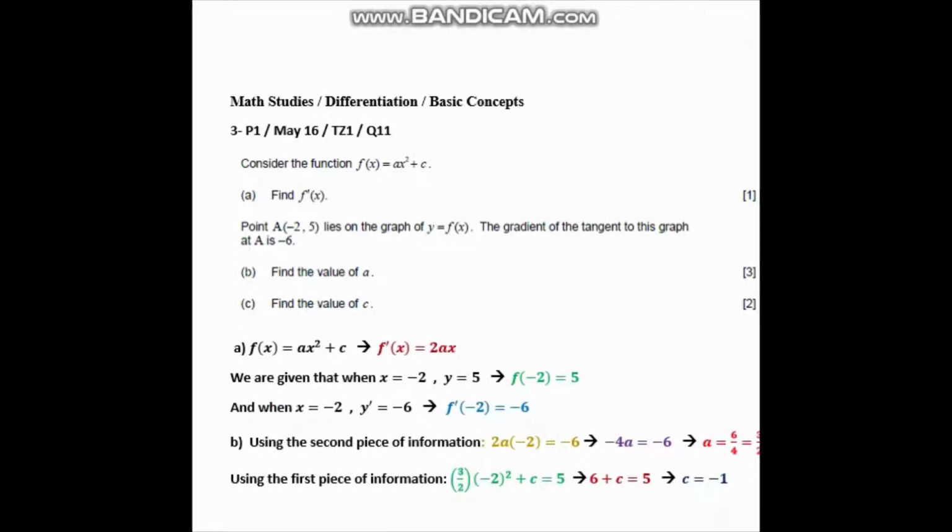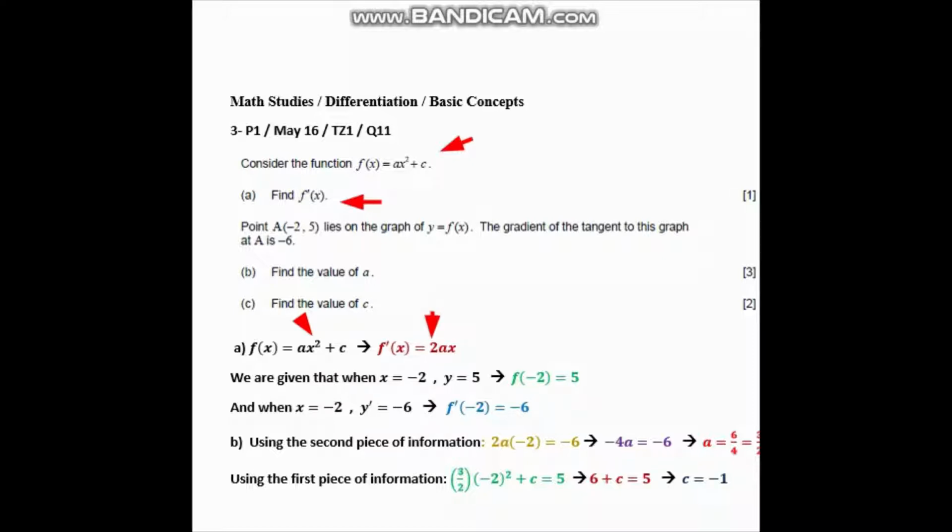So in question A, you are required to find f dash of x given the function f of x equals ax squared plus c. This is a straightforward differentiation problem. Let's go through it quickly. As we said before, we multiply by the old power, so we get this 2 right there.